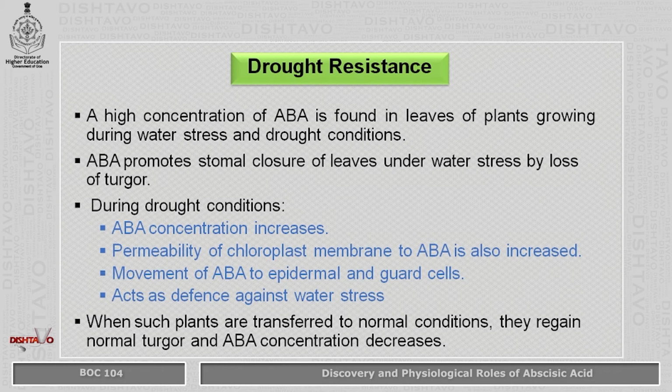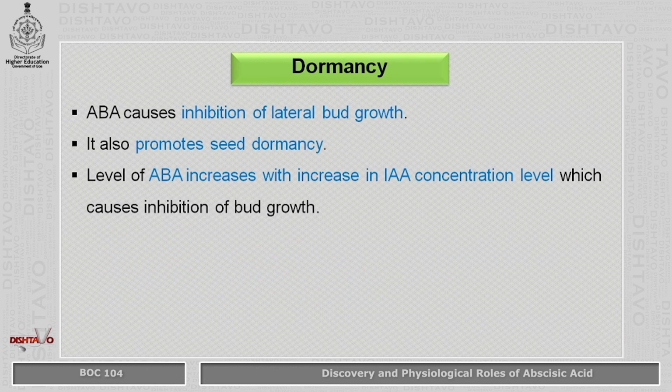Abscisic acid concentration increases, permeability of chloroplast membrane to abscisic acid is also increased, movement of abscisic acid to epidermal and guard cells takes place, and abscisic acid acts as defense against water stress. When such plants, that is water stressed plants, are transferred to normal conditions, they regain normal turgor and abscisic acid concentration decreases.